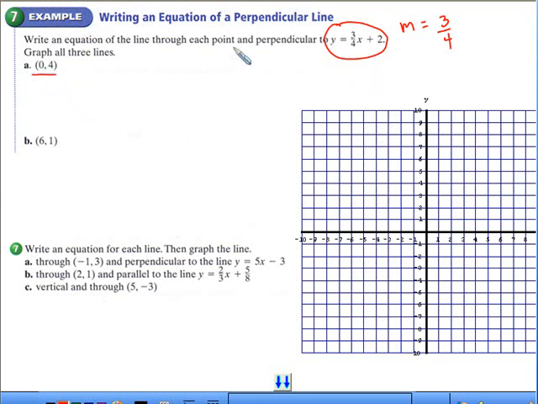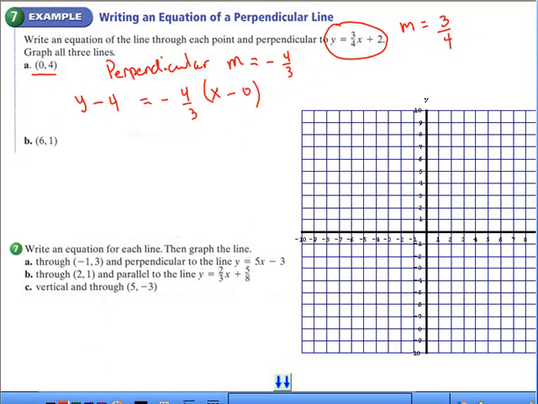If it's going to be perpendicular, the slope has to be the opposite reciprocal, so it's going to be negative 4 over 3. Use this slope, because we want it to be perpendicular, and this point, and plug it into point slope. So we're going to have y minus 4 is equal to negative 4 over 3 times x minus 0.